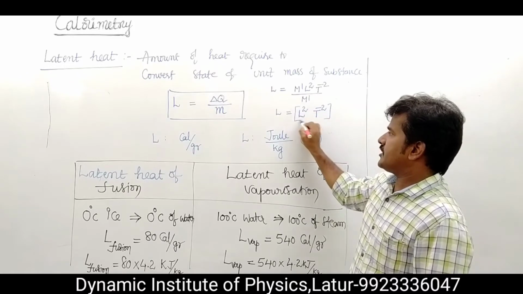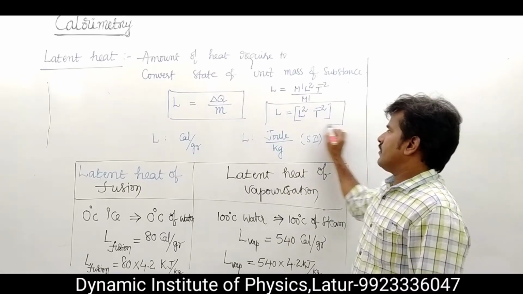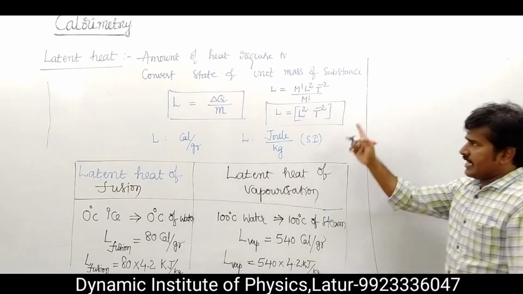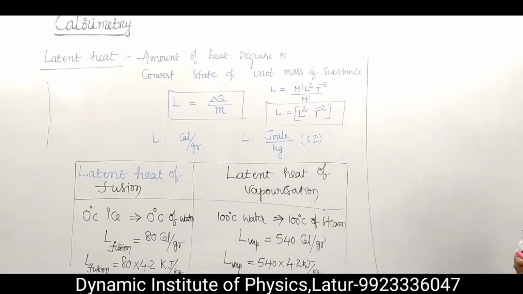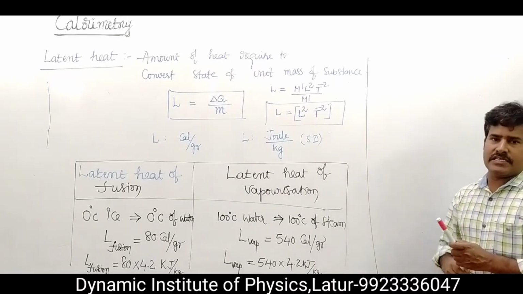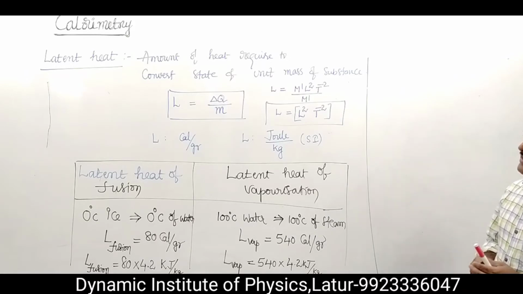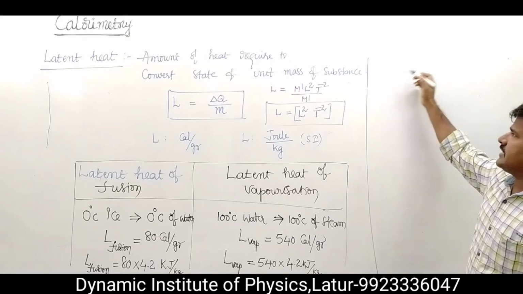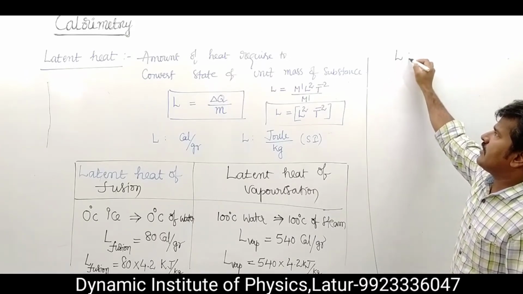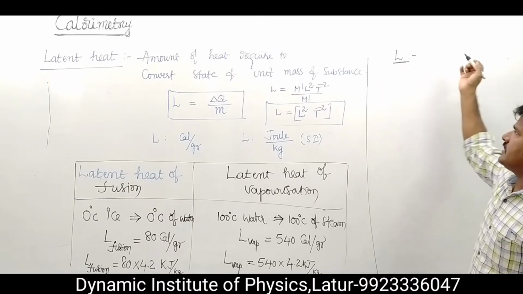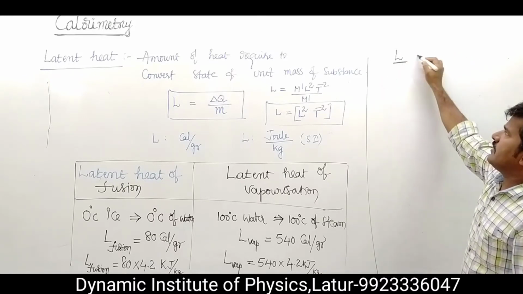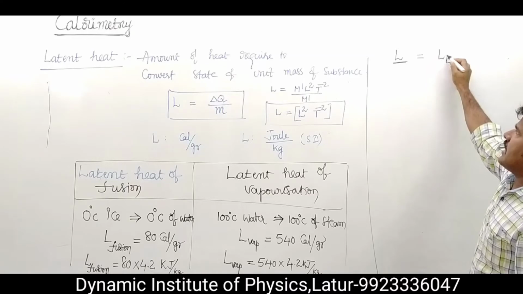This is the dimensional formula of latent heat of fusion or vaporization. It is a scalar quantity and a derived quantity.